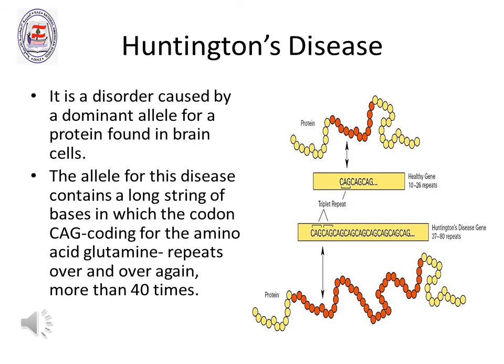The third and final genetic disease is Huntington's disease. It is a disorder caused by a dominant allele for a protein found in brain cells. The allele for this disease contains a long string of bases in which the codon CAG, coding for the amino acid glutamine, repeats over and over again more than 40 times.